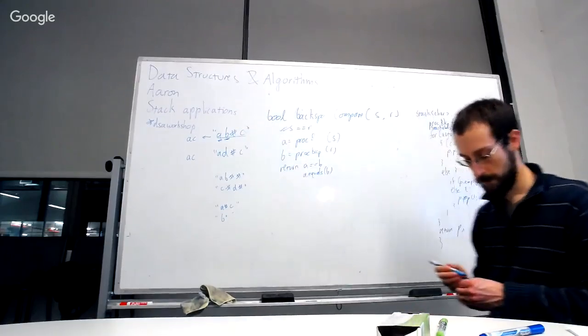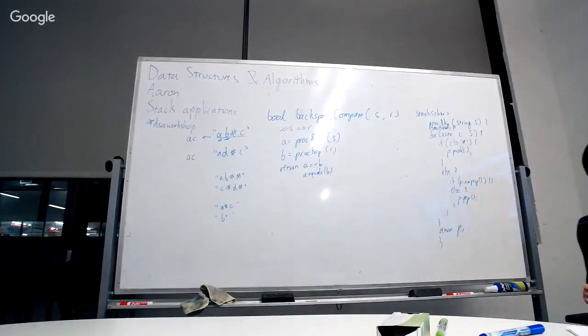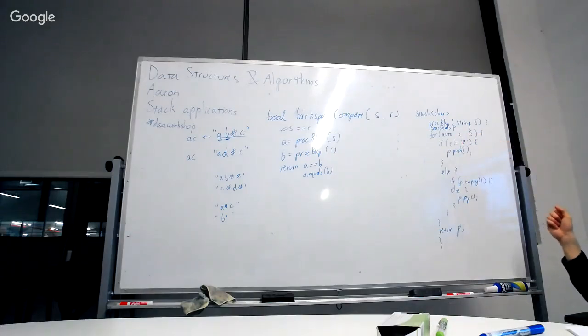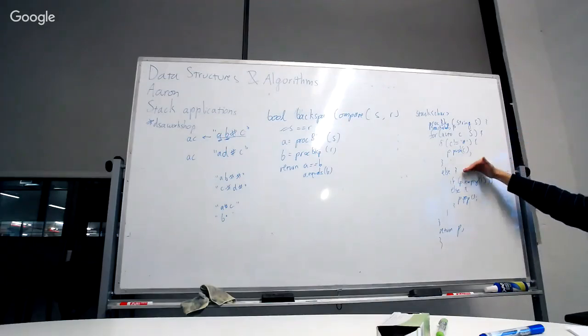So here we're iterating through the string left to right, from the first character. And at any point halfway through the loop, pretend we haven't seen any hashes yet.